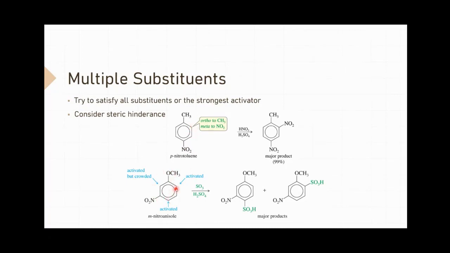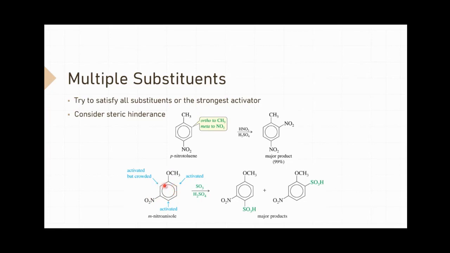However, if I have this molecule, NO2 is the deactivator and OCH3 is the activator. The strongest activator is the one doing the activating, so it would be OCH3. So I would try to satisfy this one over this NO2.